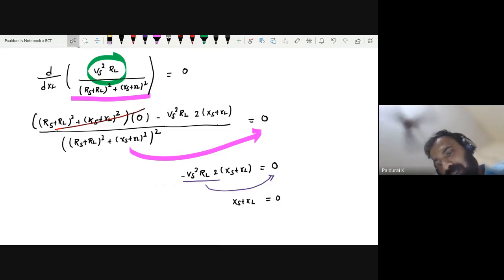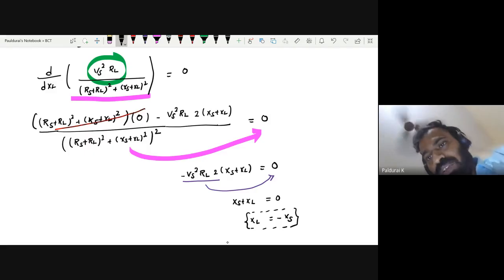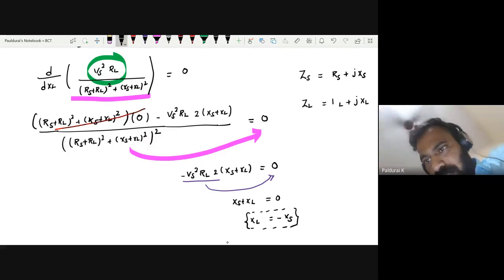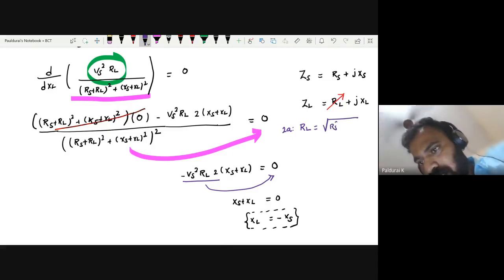That is another interesting relation: XL equal to minus of XS. Here I conclude: source impedance Rs plus jXS, load impedance RL plus jXL. If RL alone is variable, that is my case 2a, RL is given by the square root of Rs squared plus (XL plus XS) the whole squared.